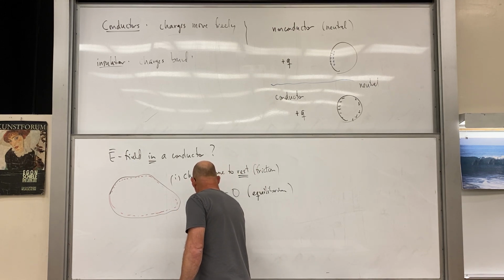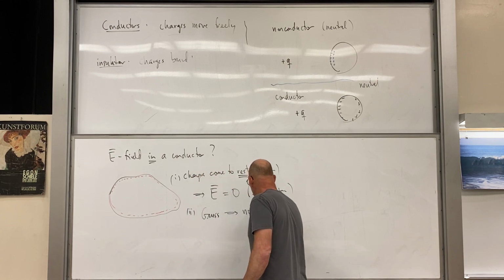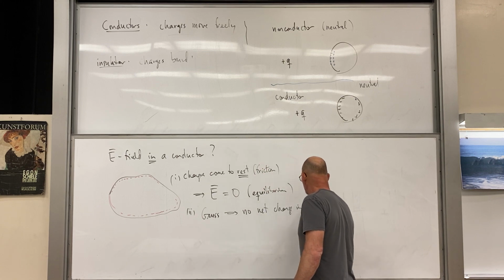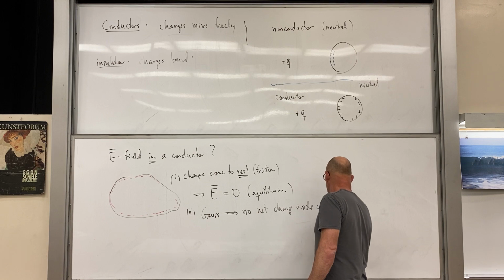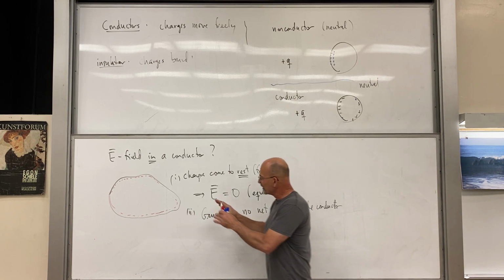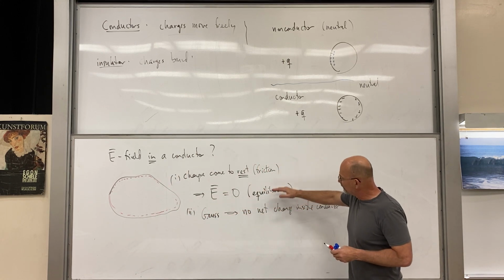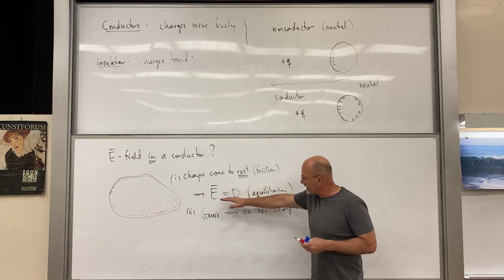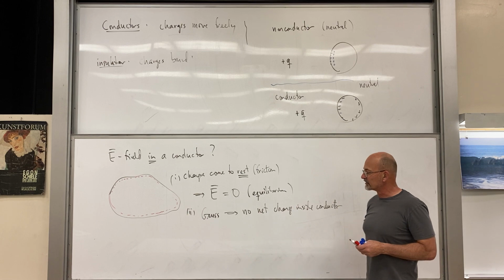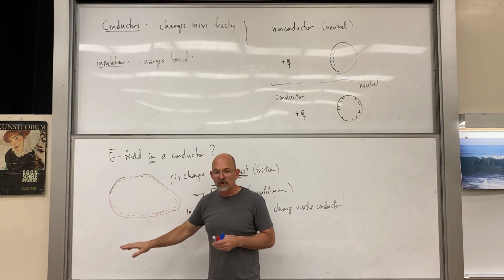So then by Gauss, no net charge inside the conductor. So that's how the charges will arrange themselves. They will arrange themselves to achieve these two points, that the field is 0 inside the conductor and that there's no net charge in the conductor. So if you drop some charge on a conductor, it's going to have to end up staying on the surface.